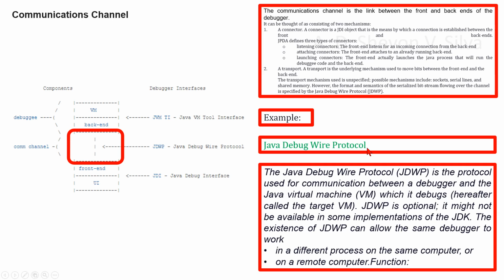It might not be available in some implementations of the JDK. The existence of JDWP can allow the same debugger to work in a different process on the same computer or on a remote computer.